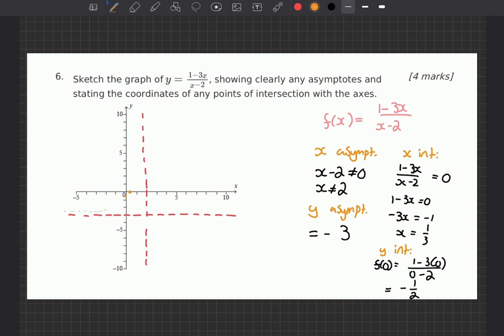So again, it never touches the asymptotes, but passes through the intercepts, and the same thing on the other side. And yeah, it's really as simple as that. Again, there's no turning points here, but you are expected to show the asymptotes. Let's actually specify those, because you need to specify.